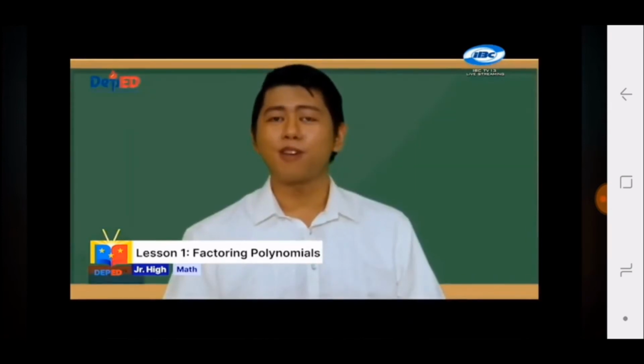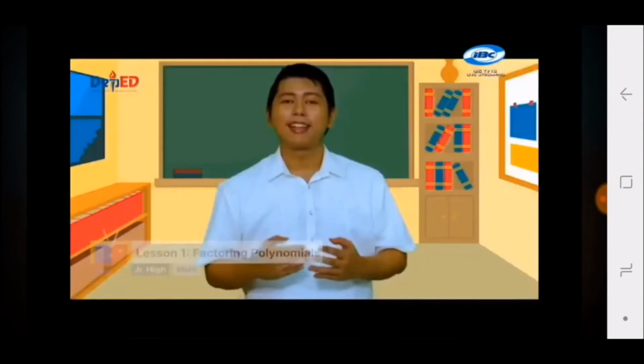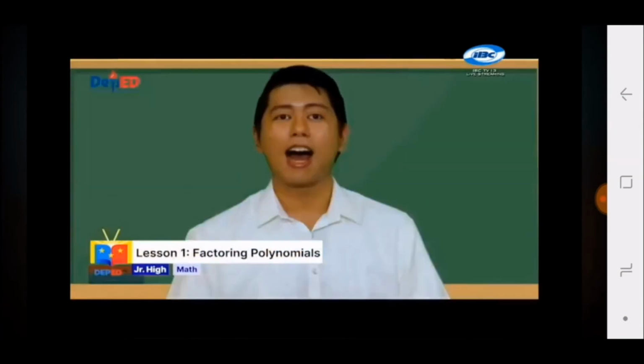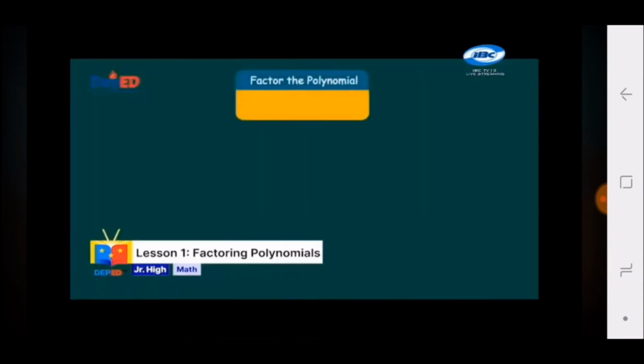Notice that in the previous examples, prime factorization is used to find the greatest common factor of the given pair of monomials. The next examples illustrate how to factor polynomials by getting the greatest common monomial factor. Let us write the expression 6x plus 3x squared in factored form.